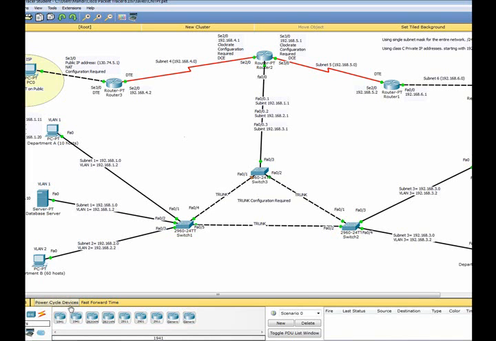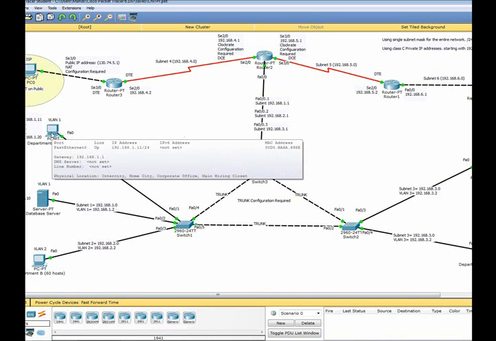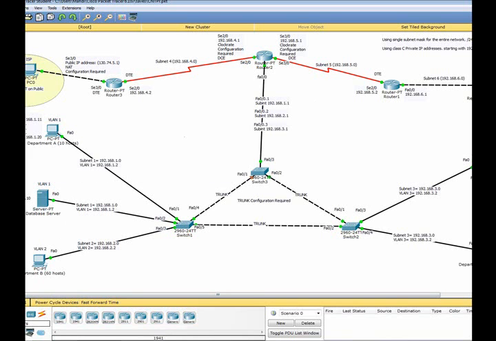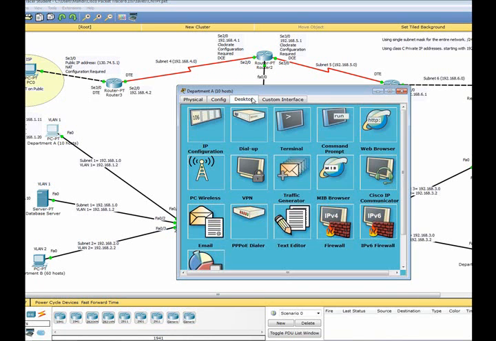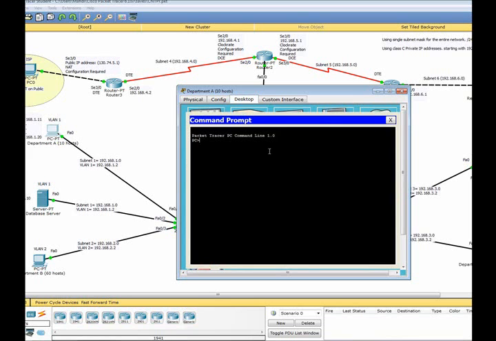Now I'm going to show you some test pings we have through our VLANs and remote office, and also the host on ISP. On VLAN 1, we're going to ping VLAN 2.